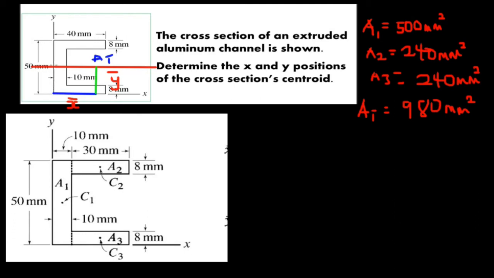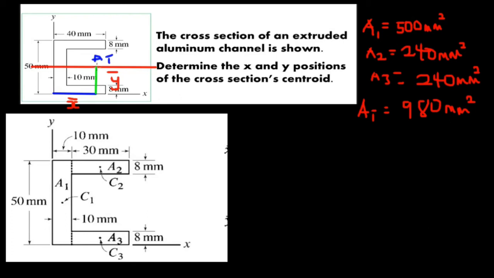So when I take the moment of this A here about the y axis, that means we are finding the moment of the area about the y axis, and you know moment is the area times the perpendicular distance. So when you are taking the moment about the y axis, that is the area times the perpendicular distance from the y axis.